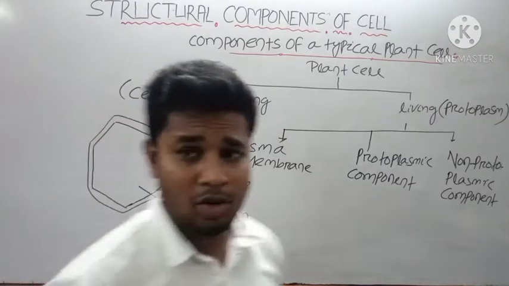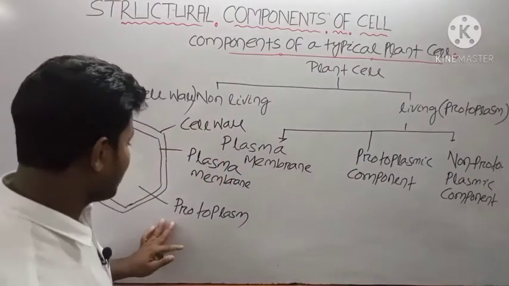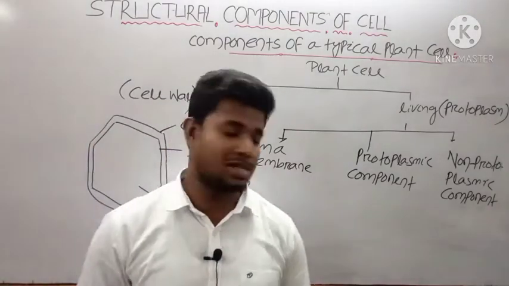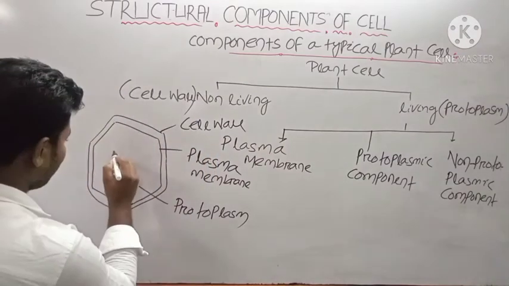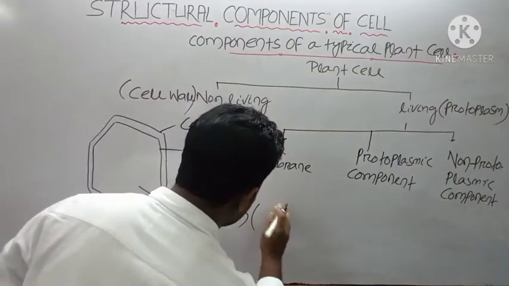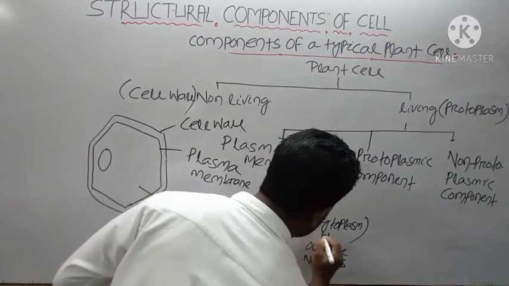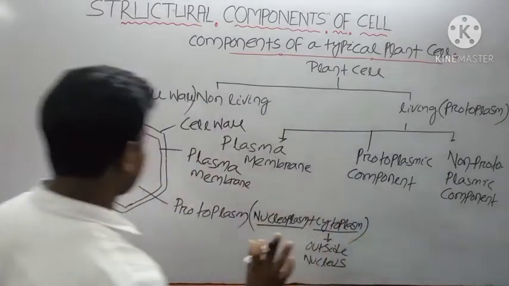This part is known as protoplasm. How can you differentiate between protoplasm and cytoplasm? One question arises: what is the basic difference between protoplasm and cytoplasm? Protoplasm is the mixture of nucleoplasm plus cytoplasm.